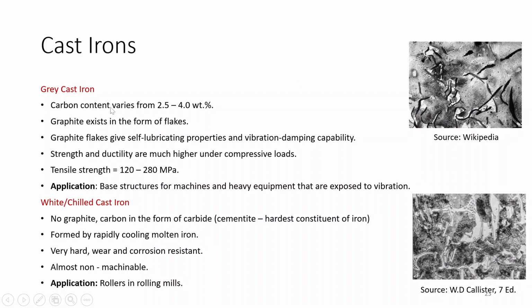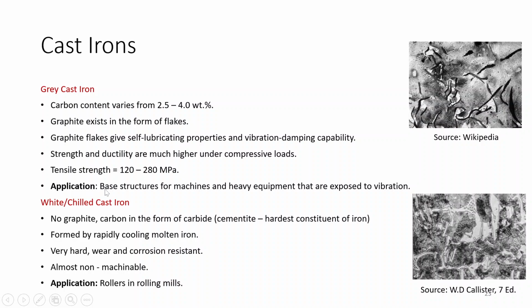In this case, carbon content varies from 2.5 to 4.0 weight percent, and the graphite exists in the form of flakes. These graphite flakes give self-lubricating properties and vibration damping capability. The strength and ductility are much higher under compressive loads, and the tensile strength is between 120 to 280 megapascal.